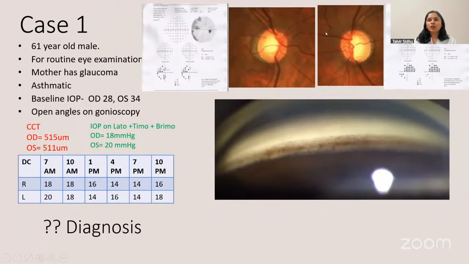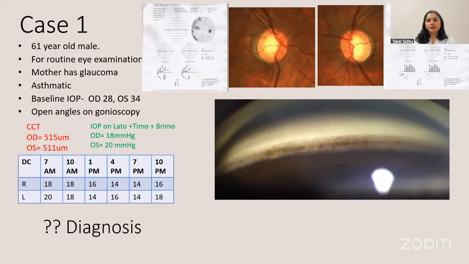Could you please comment on the optic disc of both the sides and visual fields? Ma'am, on the right side optic disc, there's peripapillary atrophy on both the sides. On the right side, there is a slight nasalization of vessels, and there is thinning of the neuroretinal rim more on the left than on the right.